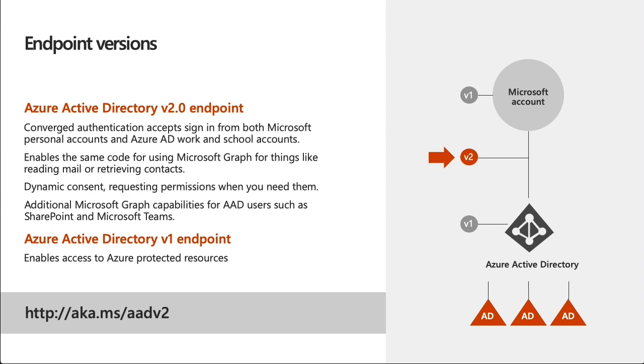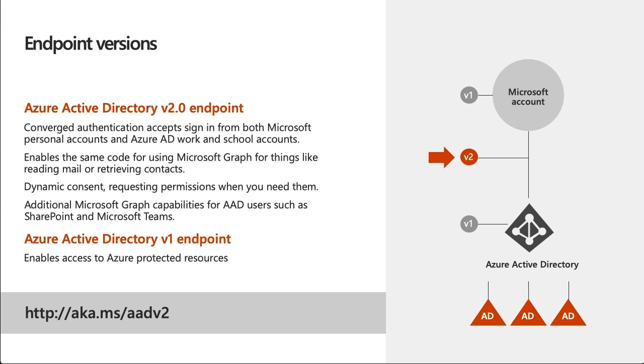In the example I gave a minute ago, when the user logged in, they had to grant all permissions that this application could possibly need up front. Now, when the user signs in, all I need to do is request the user impersonation scope, and that's going to allow me to get information about the current user, their name, their email address, etc. And now they get a much better experience when they log into my app.